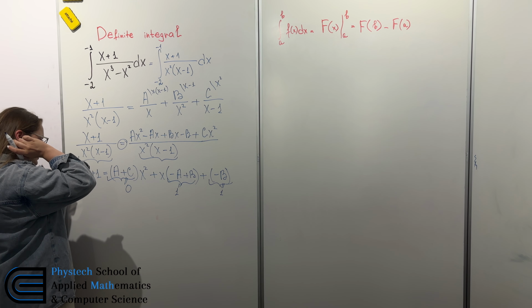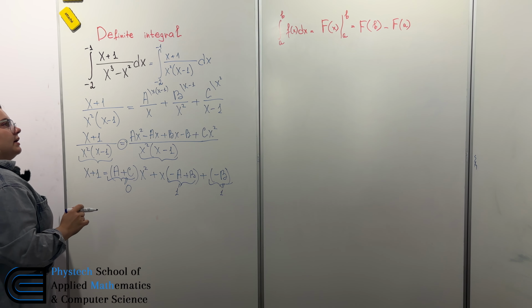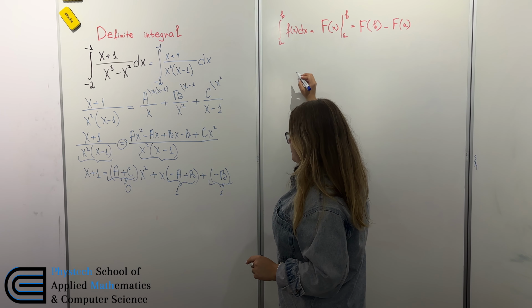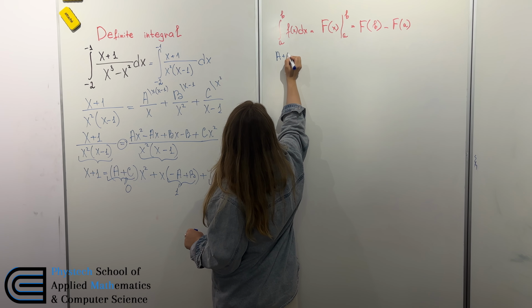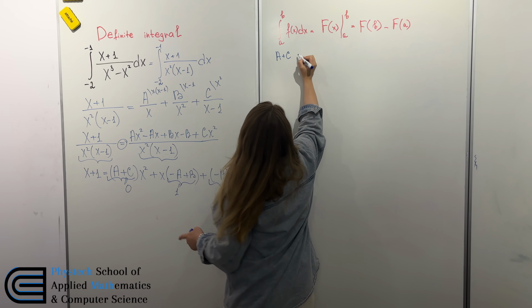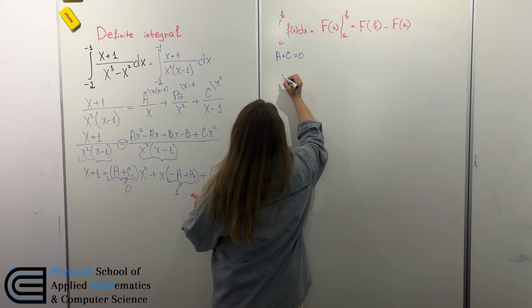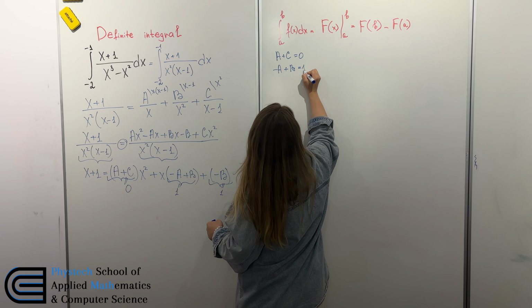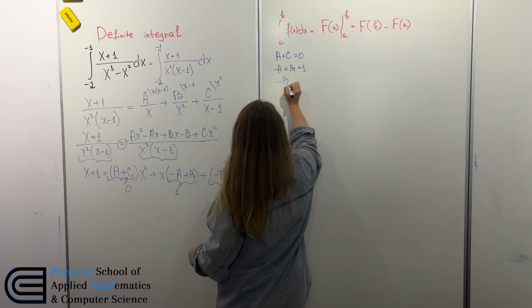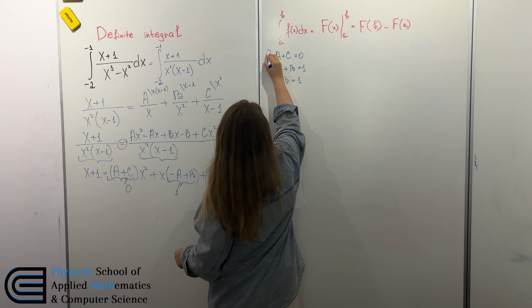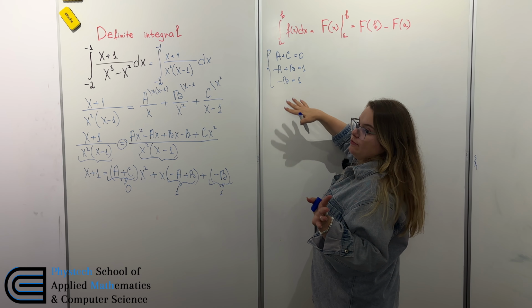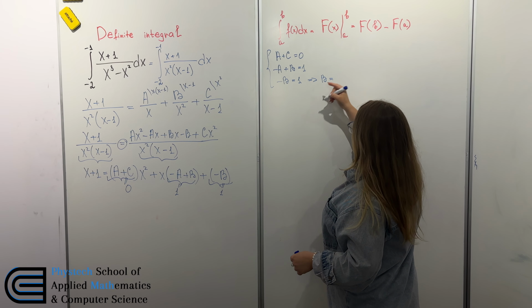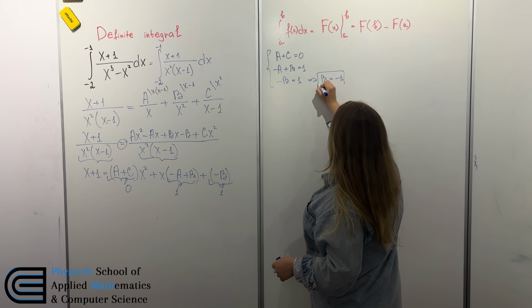Well, from here we obtain a system: a plus c equals 0, minus a plus b gives us 1, and minus b is equal to 1. So if minus b is equal to 1, we can write that b is actually minus 1.